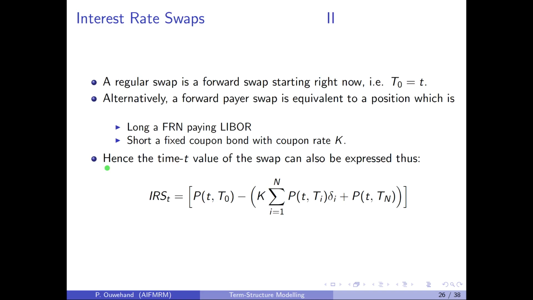It therefore follows that the time t value of the swap can also be expressed in the following way. The value of the floating rate note is just the value of this zero coupon bond, and the value of the fixed coupon bond is given as follows.